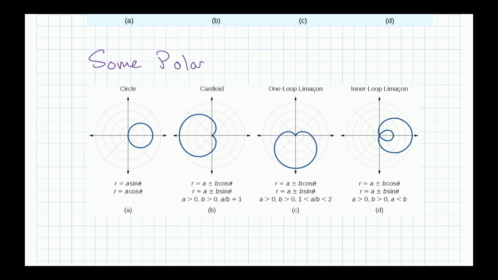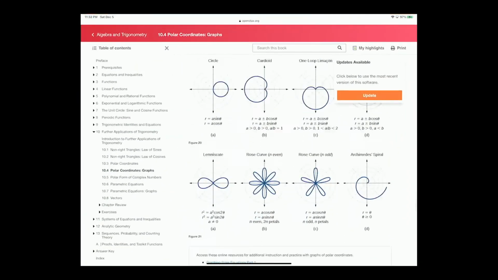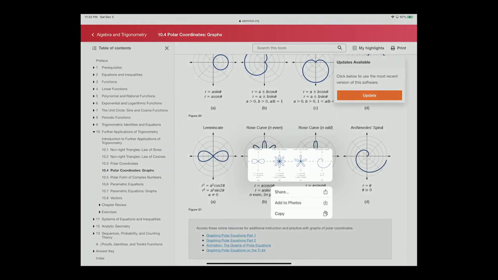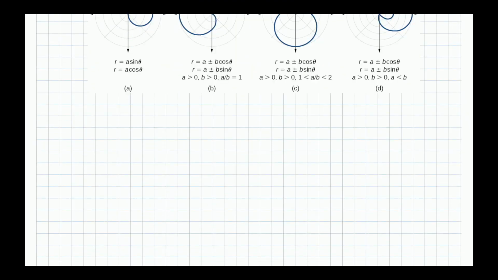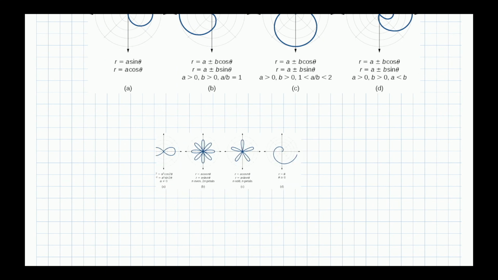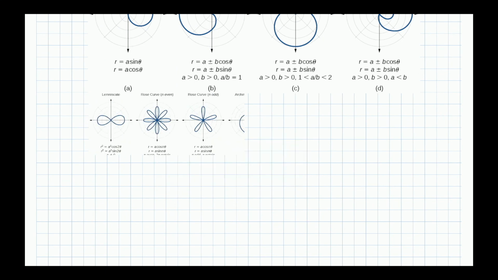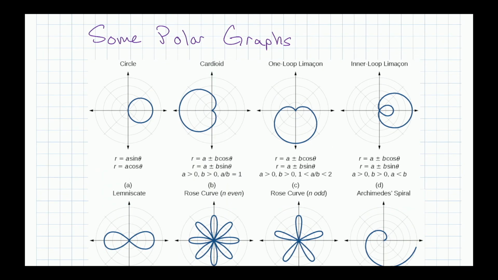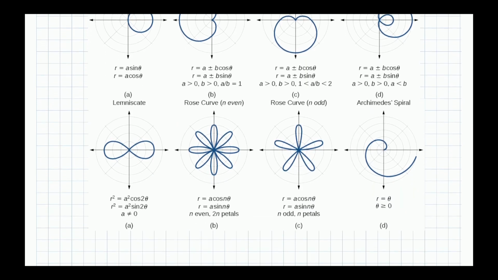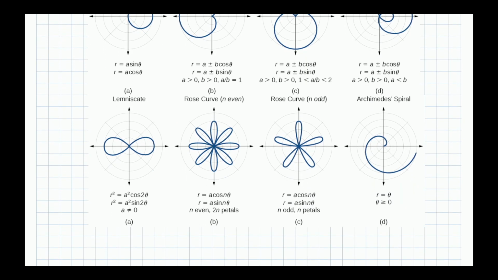And then we'll plot a couple of these after I copy paste these. Okay. So these are just some of the polar graphs that you could plot. And so we're just going to take a couple of these and figure them out.